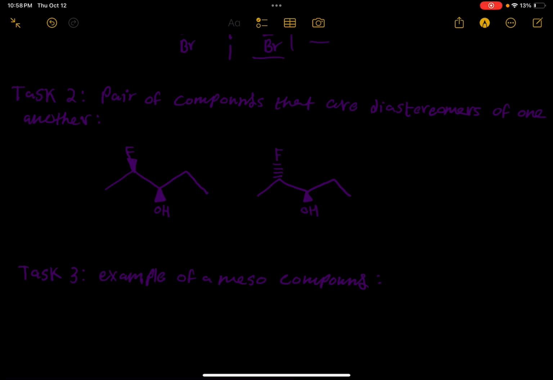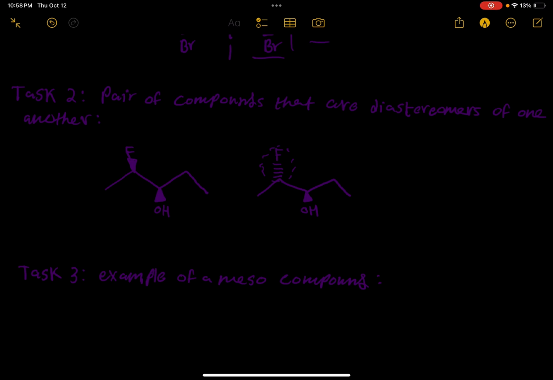This is an example of a diastereomer. Diastereomers are not mirror images. And some, but not all, of the atoms are arranged differently. If all the atoms were arranged differently, that would be an enantiomer. But only some can be arranged differently. They have the same formula and the same connectivity, but some atoms are arranged differently, such as the fluorine here.